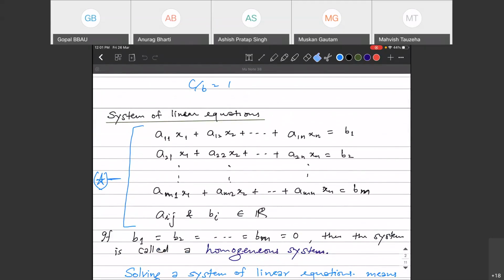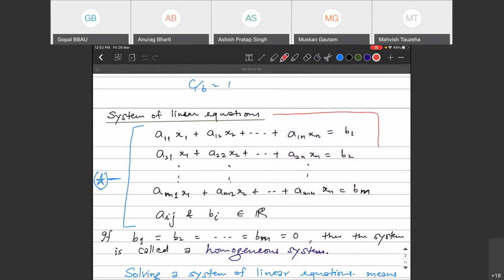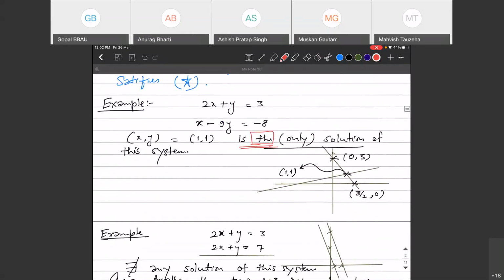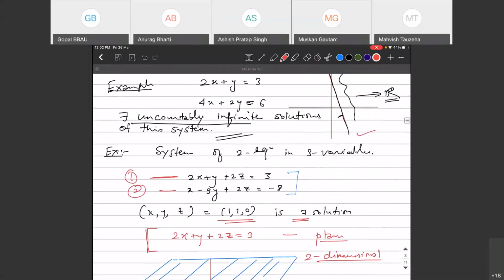If all the Bi's are 0, then we call such a system of linear equations a homogeneous system. Yesterday we saw some examples where there was only one solution, where there was no solution, and where there were infinitely many solutions.